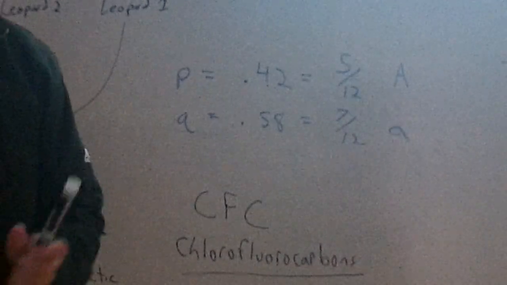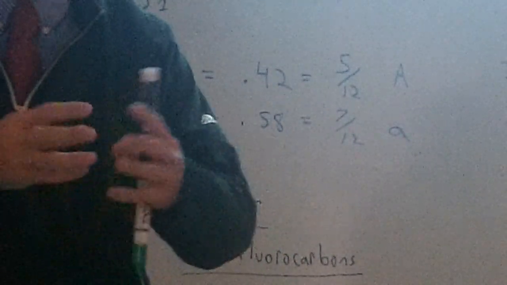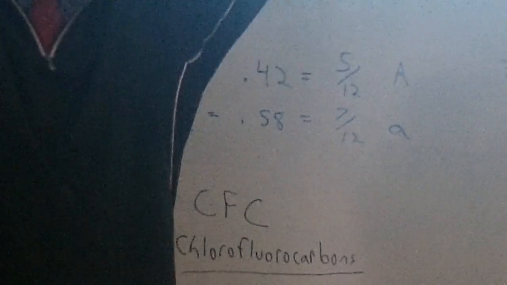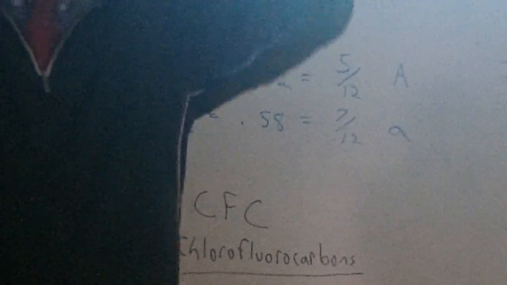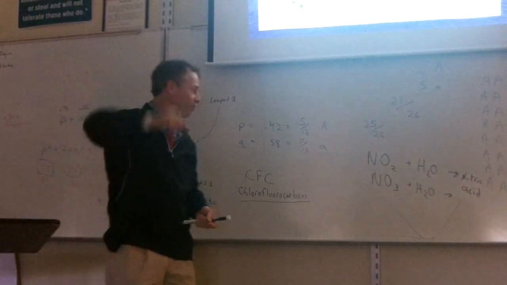And what scientists didn't realize is that these molecules would leak out, molecule by molecule, from the refrigerators and from the transformers and from the spray cans, and they would float up into the upper atmosphere.